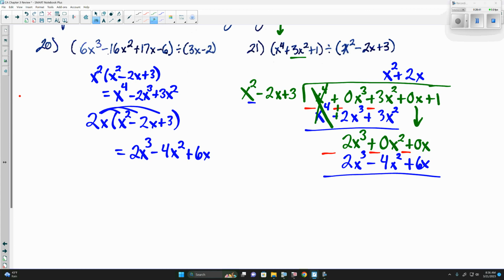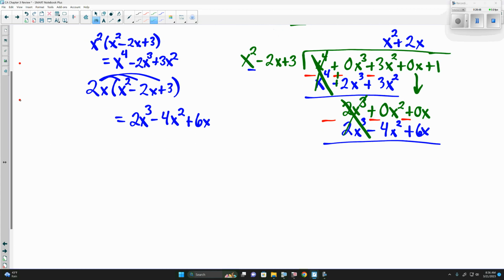And again, once we get it set up, our next step is to subtract. 2x cubed minus 2x cubed is 0. 0x squared minus negative 4x squared. Negative and negative makes plus, so we get 4x squared. 0 minus 6x is negative 6x. And lastly, we bring down the plus 1.